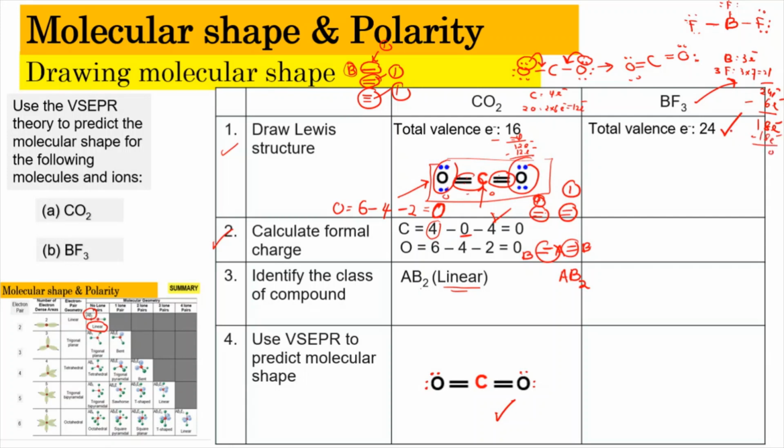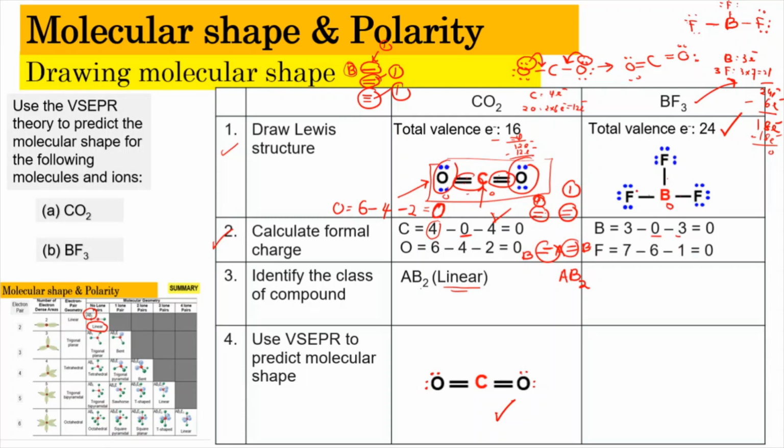For the starting part here, it is okay to draw it in whichever way you want. To ensure that your structure is correct, it is advisable to calculate the formal charge. For boron, the valence electron is 3, minus 0 lone pair, minus 3 bonding pairs, so boron has a charge of 0.